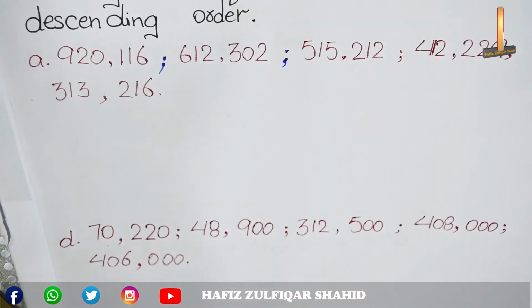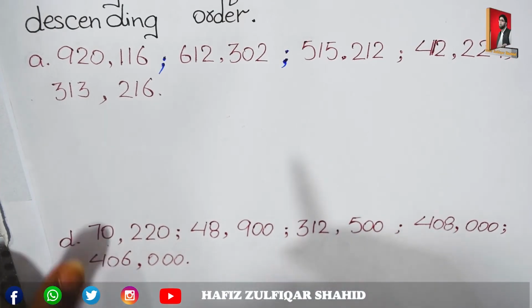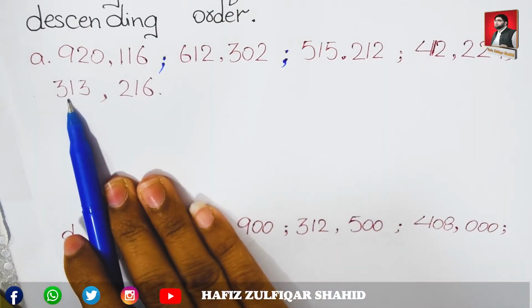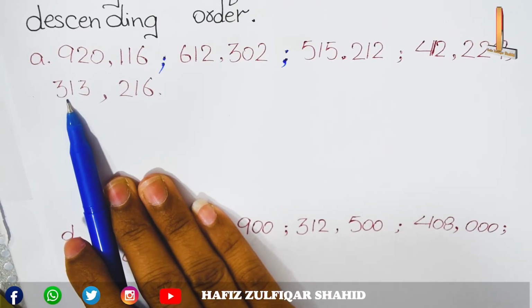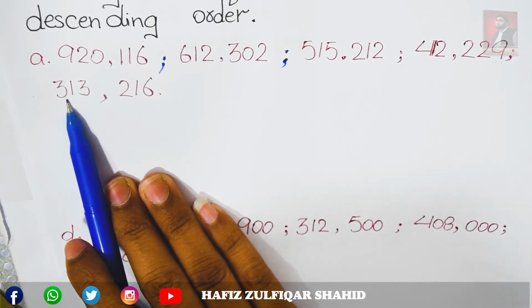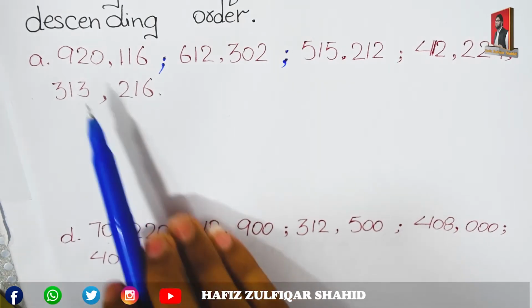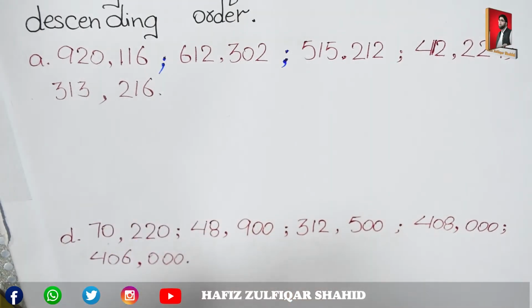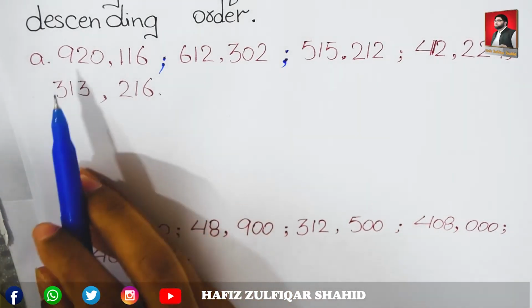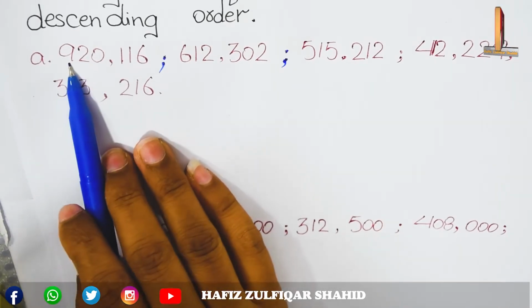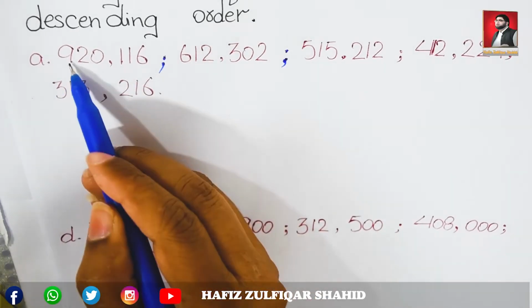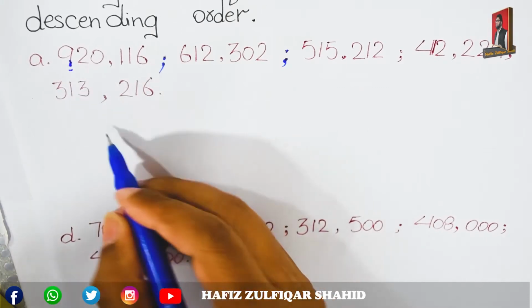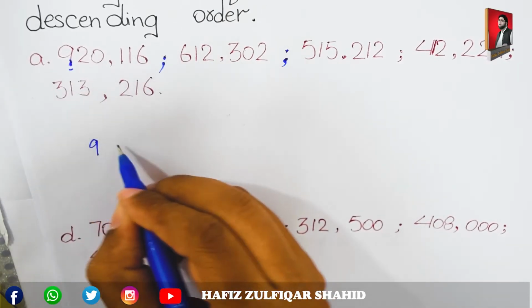Now what we have to do, we have to find out the greatest or the largest value. Compare from left side, from the largest place value, which number has the largest. You can see the 9 is the largest one. Write it first.